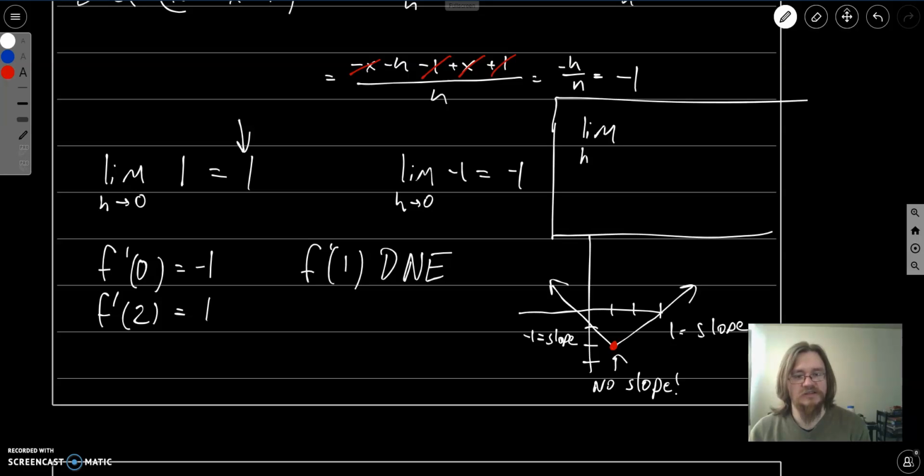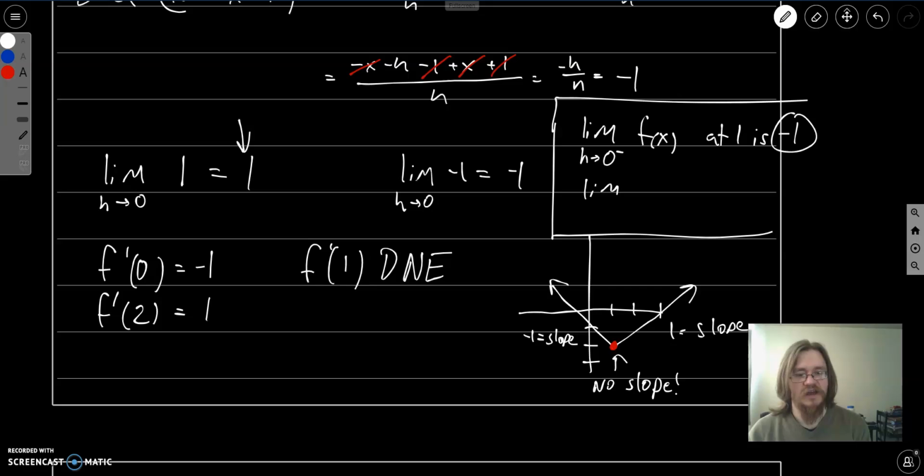The limit as h approaches 0 from the left of f of x at 1 is going to be negative 1.